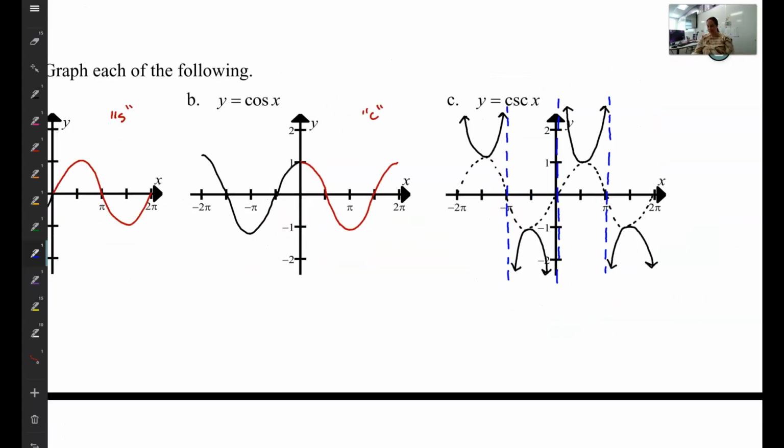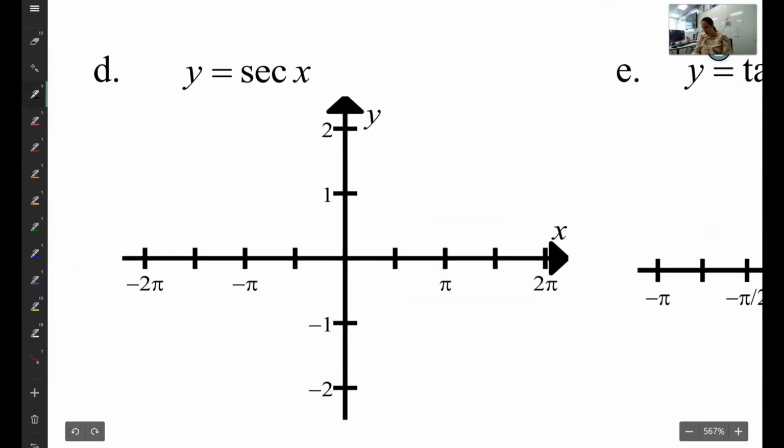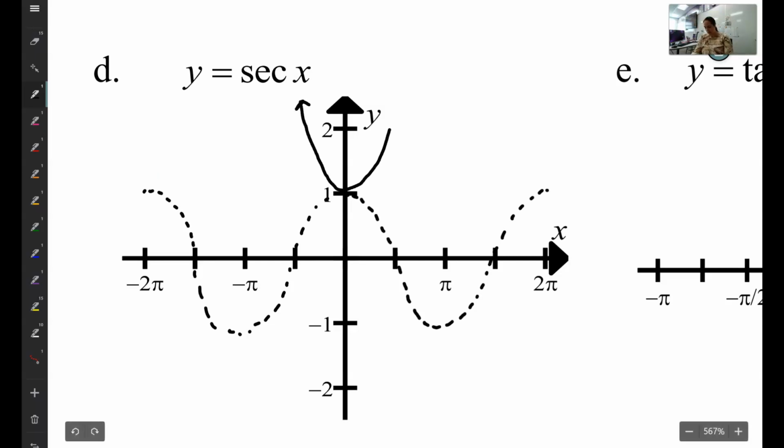You can do the same thing with secant. Copy your cosine graph, because secant's related to cosine. And then anywhere it has a hump, secant has a parabola.